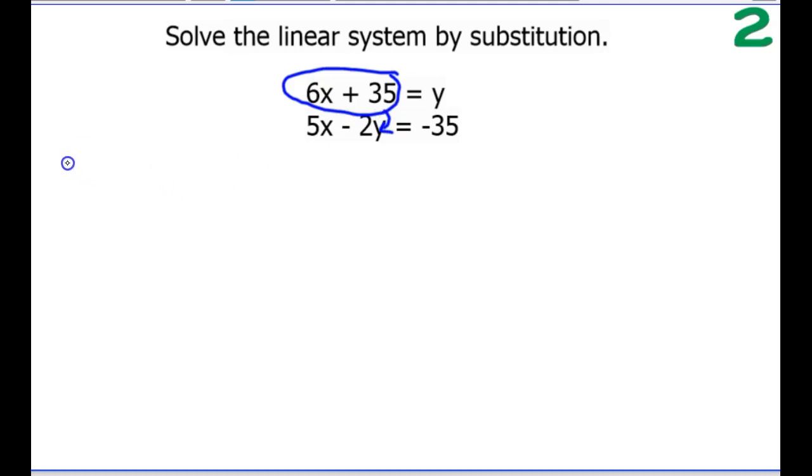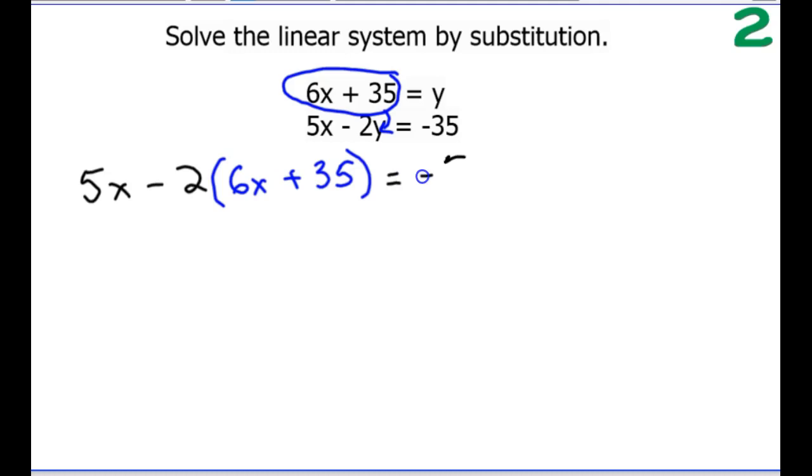So what our problem is going to look like is 5x minus 2, and then we're replacing y with 6x plus 35, equals negative 35.